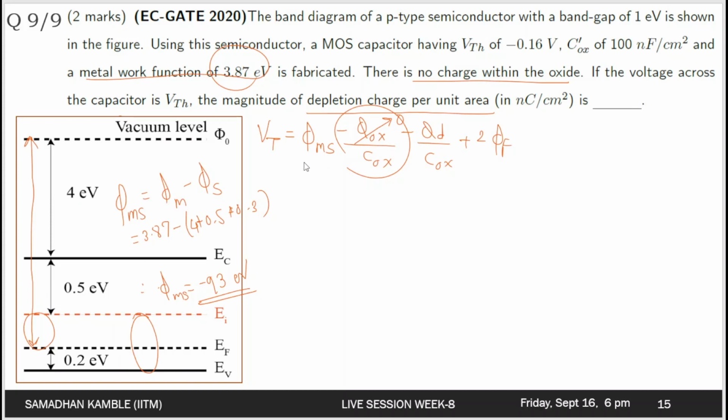Okay, we have got phi ms now, and phi f we can also calculate by using the same relation as we have used earlier.